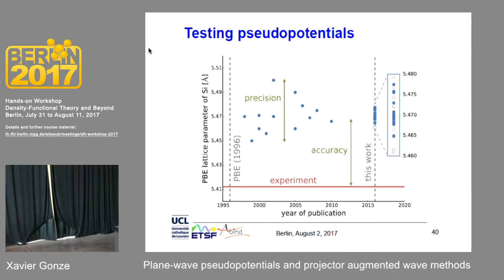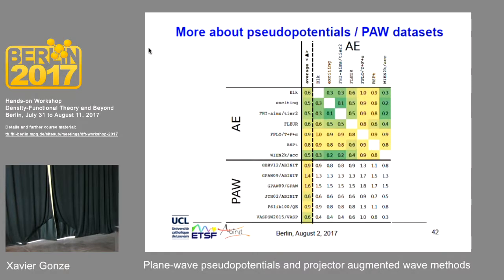I wanted to say a few things about this, but I'm a bit short on time, and in any case it will be covered tomorrow. What I want nevertheless to say is that nowadays, if we compare the results with all-electron and pseudopotentials of different codes, the delta factor measure lies below 1 and typically in the order of 0.5. The agreement between different implementations of all-electron is on the order of 0.5, and the agreement between PAW and all-electron that is presented here is slightly higher but not much.